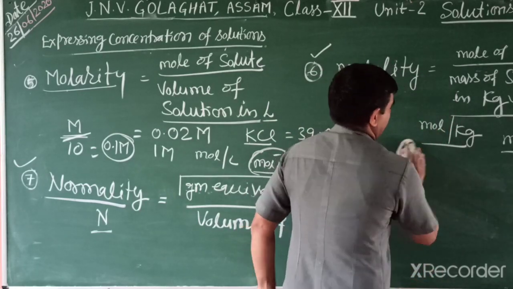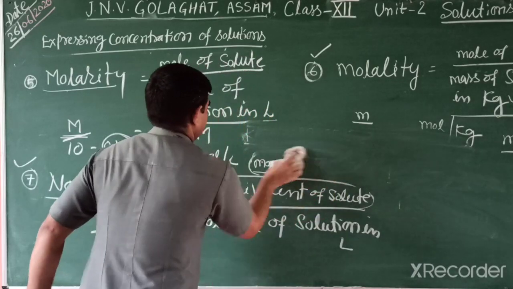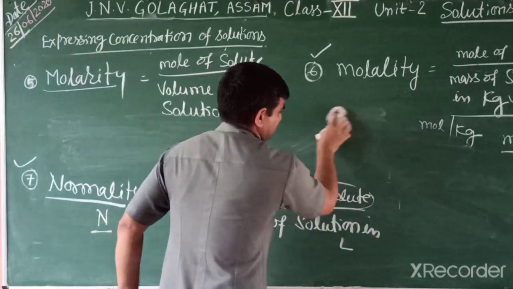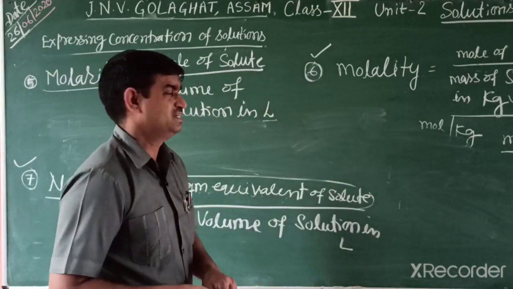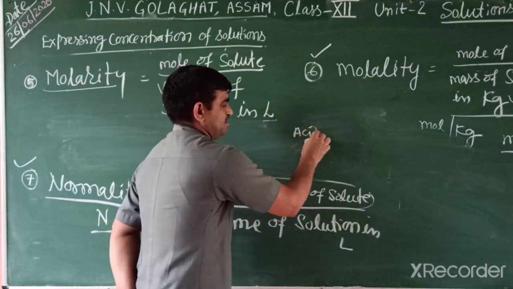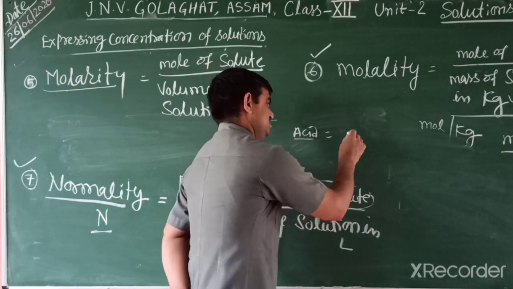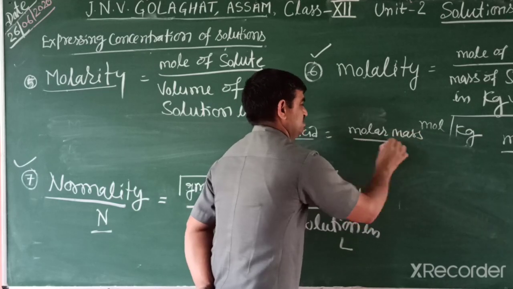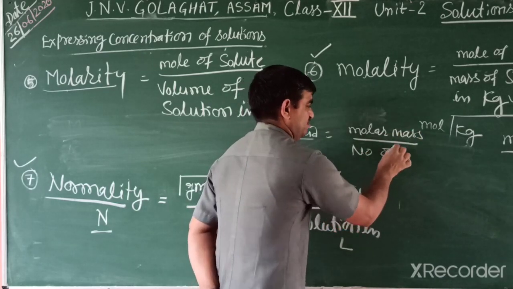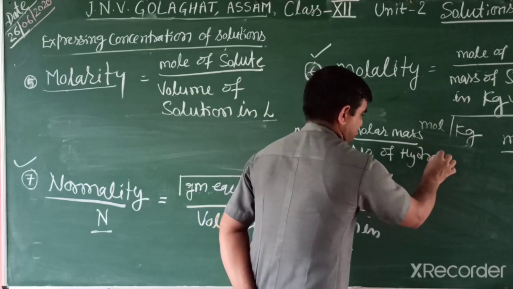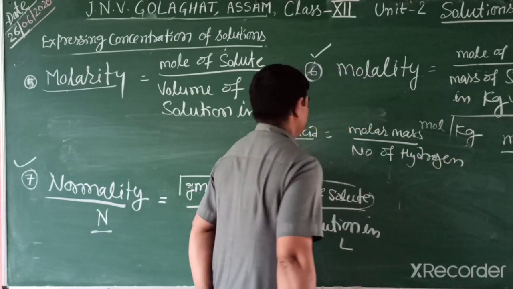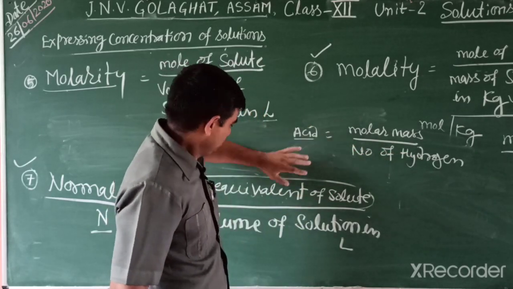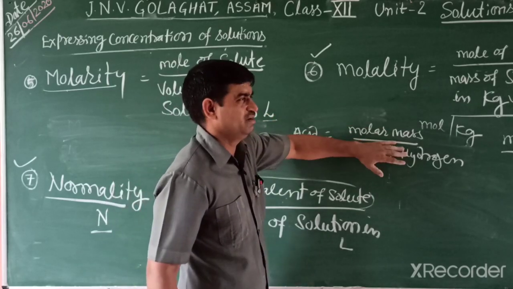For gram equivalent, we have different techniques to identify it. For example, for any acid, how can we identify the gram equivalent? It is identified by the molar mass of the acid divided by the number of hydrogen ions. For an acid, this is known as the basicity of the acid. So the equivalent mass of any acid is molar mass divided by basicity.